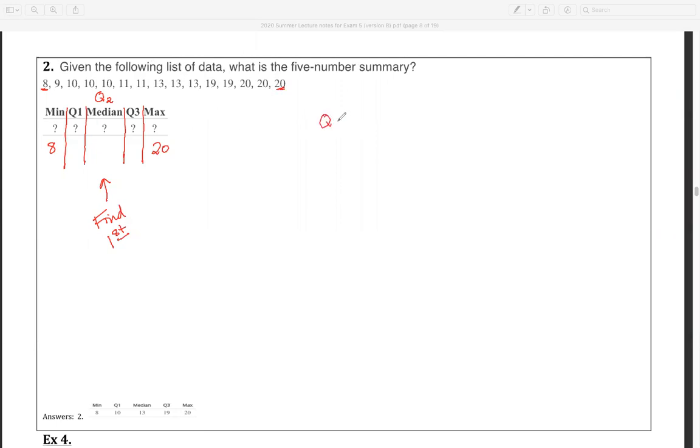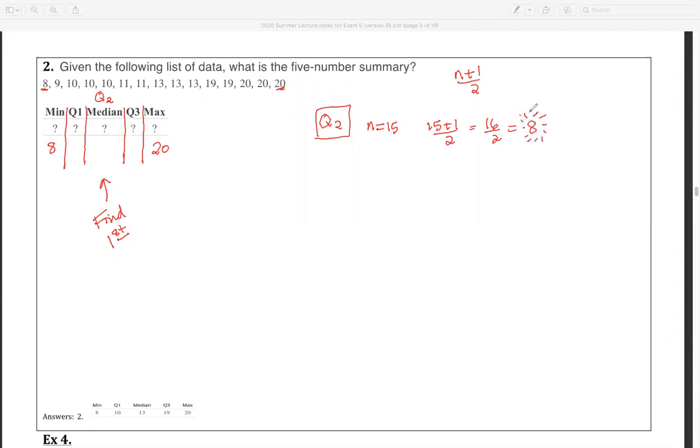So Q2, that's what we're going to look for. You just use your position formula, which is n plus 1 divided by 2. How many data values do we have? 1, 2, 3, 4, 5, 6, 7, 8, 9, 10, 11, 12, 13, 14, 15. So our n is 15. You just add 1, divide by 2, and that gives us our position.